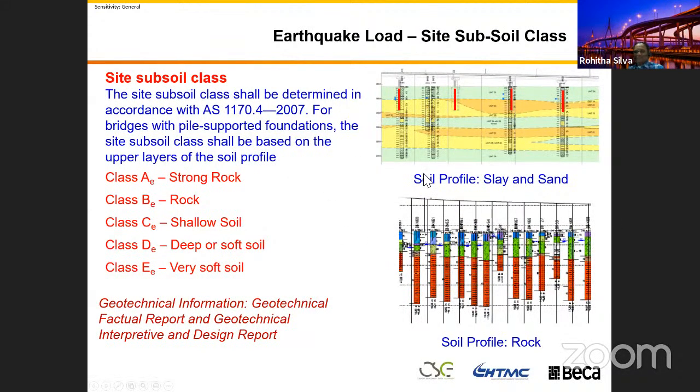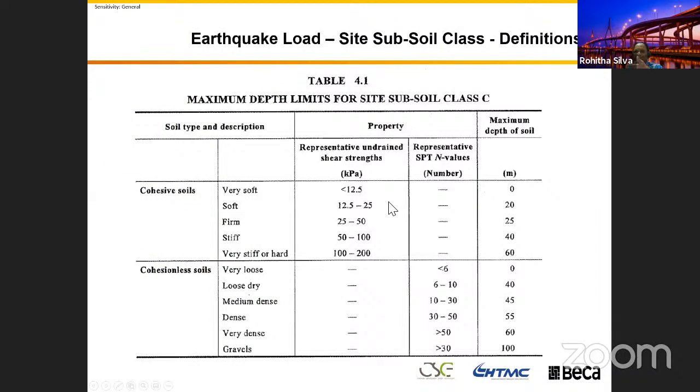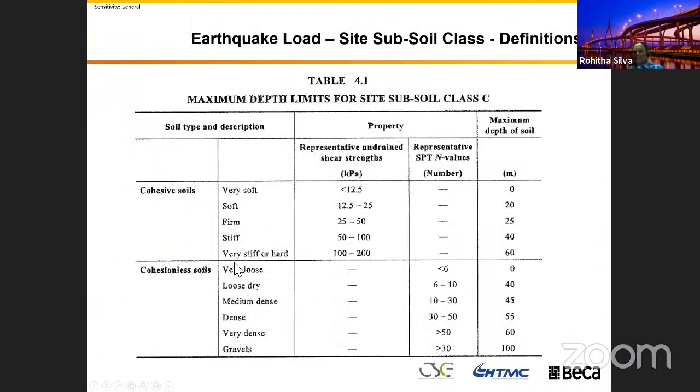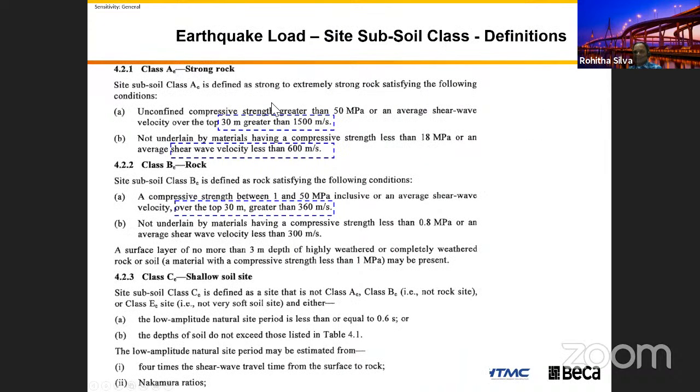Then these are the classifications. How do you classify different soil types? For example, how to identify subsoil class C, whether it is cohesive clay, cohesionless clay, and that sort of thing. If it is rock, how do you classify it, whether A or B or C?